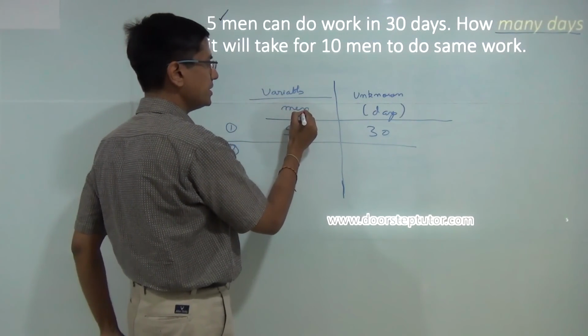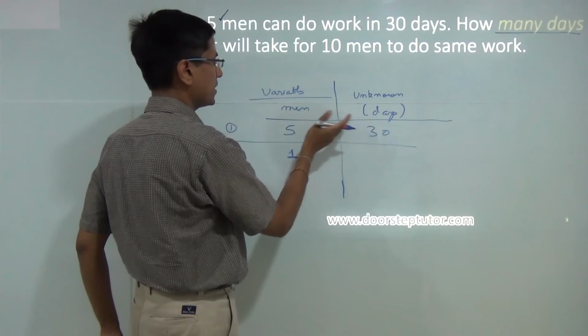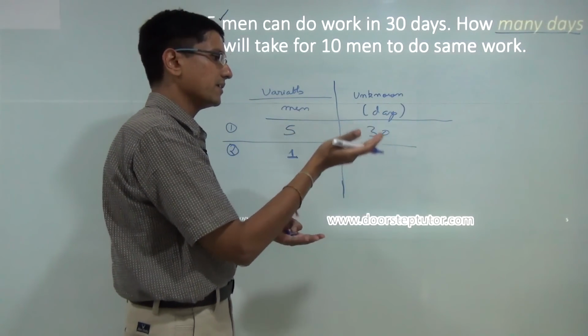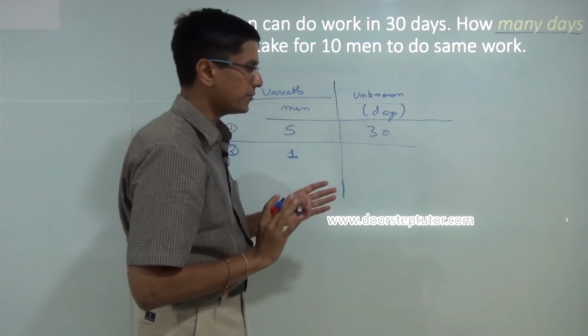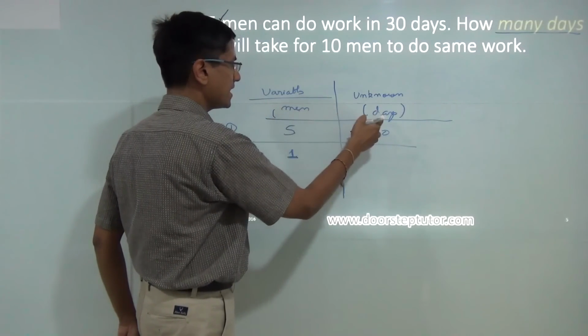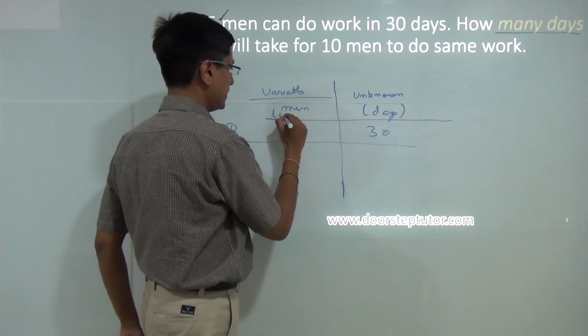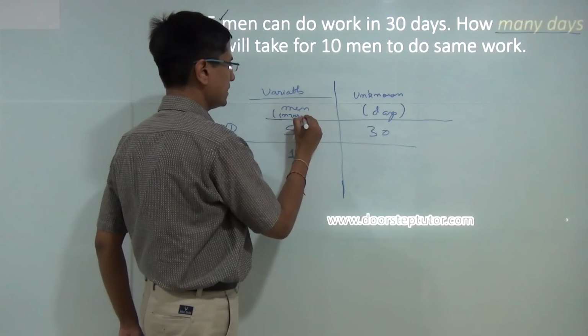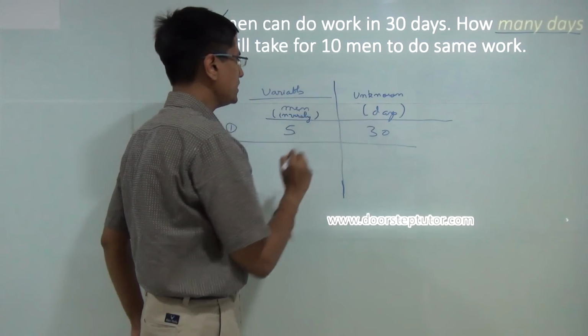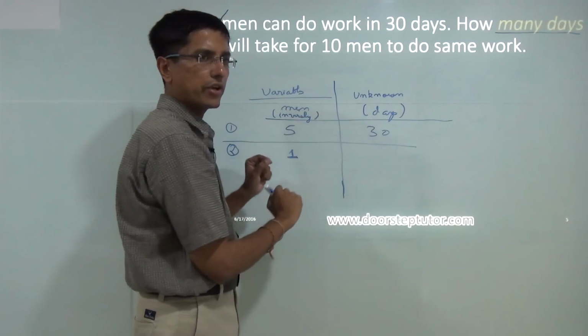Now, how do men and days relate? If I increase the number of men, the number of days would decrease. It's very natural. So men is inversely related to days. So there is an inverse relationship going on here.